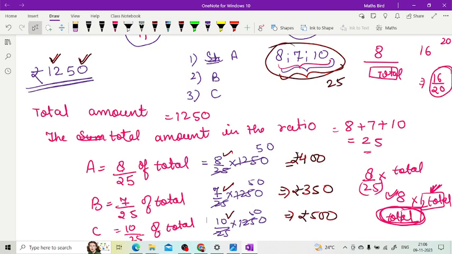Now this type of question we can solve by using two methods. The first method is that the total amount is given, so we will find out the total in the ratio form. Now A's share, or the amount A got, will be 8 upon 25 of the total. Here in the place of total we will write the total money and you can find out.